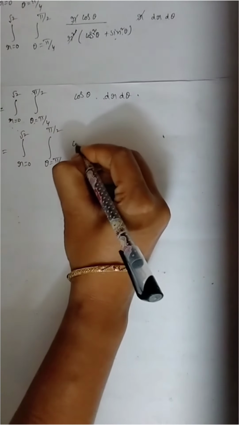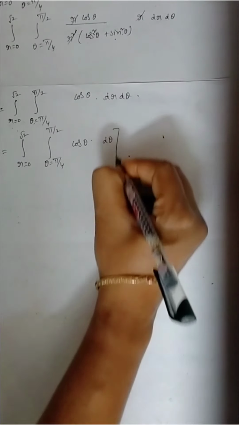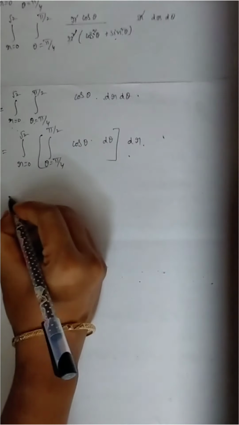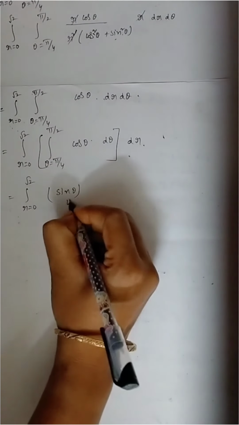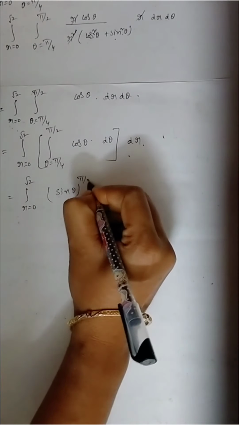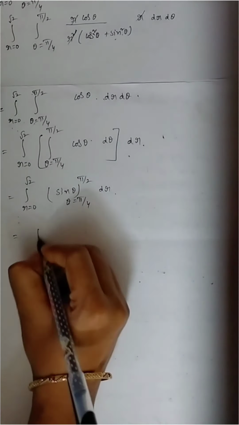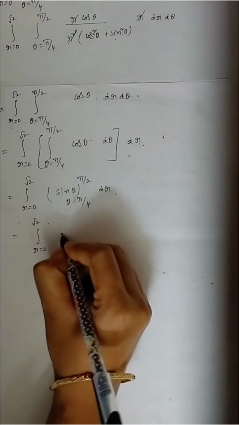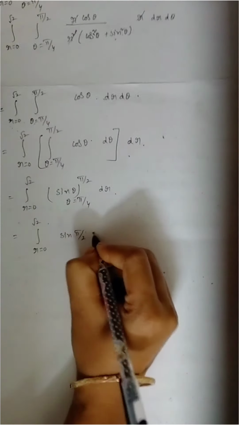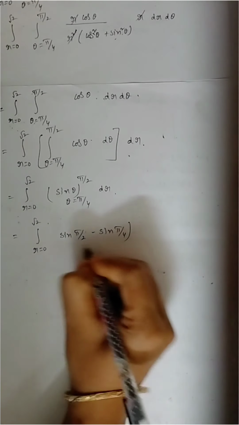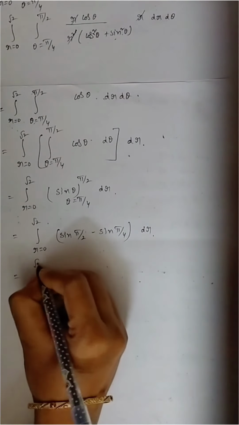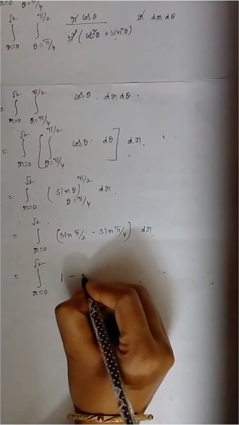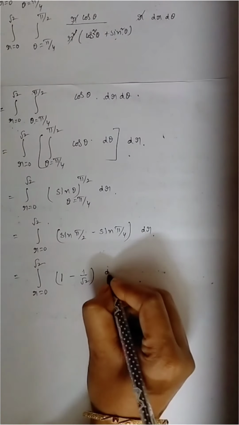Integral theta equals pi by 4 to pi by 2 cos theta d theta into dr. Integral of cos theta is sin theta, limits theta equals pi by 4 to pi by 2, into dr. Integral r equals 0 to root 2, sin pi by 2 minus sin pi by 4, upper limit minus lower limit, into dr. Sin pi by 2 means 1, sin pi by 4 means 1 by root 2.